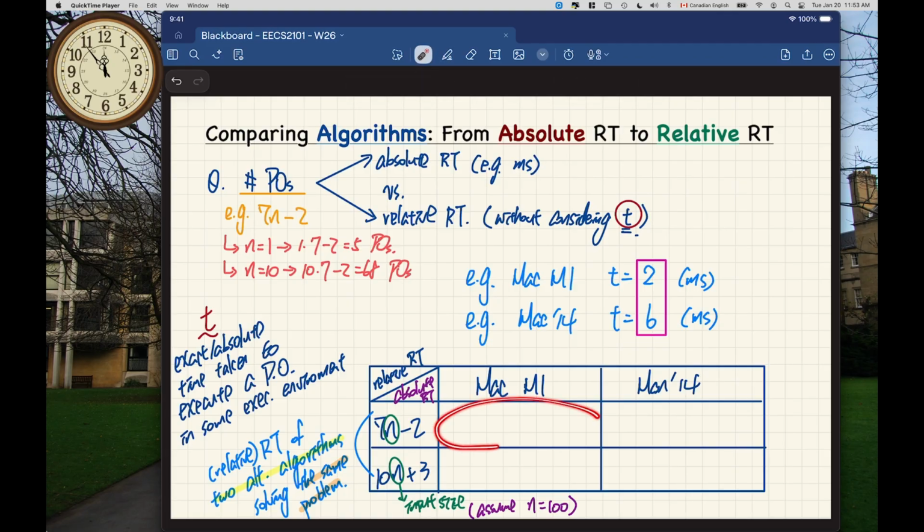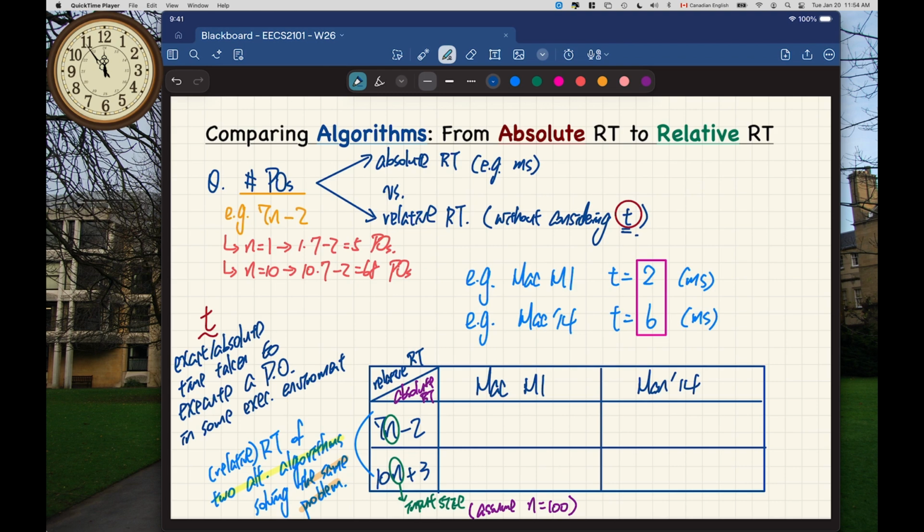For this one here, how do we calculate the absolute running time for this algorithm? Basically, we have to replace n here by 100 and then multiply by the absolute execution time for this, which will be 2.